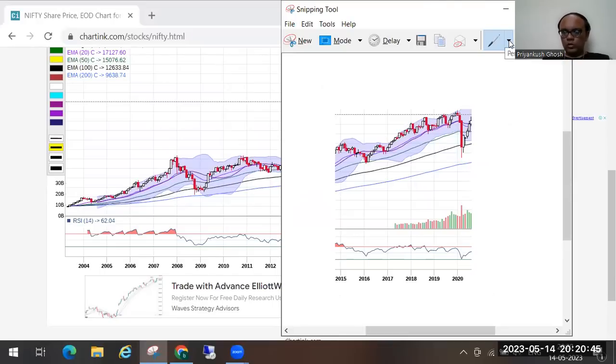Okay, so now let me explain you what does this mean. So then broken. So this is a nice blue line which was going on, right?